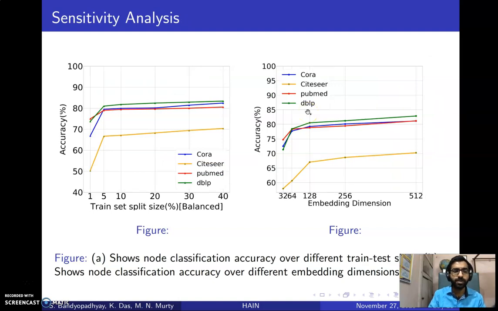We also do some sensitivity analysis of HAIN. Here we vary the training size and see the accuracy of HAIN. You can see that when we increase the training size from 1% to 5%, there is a certain jump, after which the performance saturates. A similar observation can also be made when we see the accuracy with varying embedding dimensions.